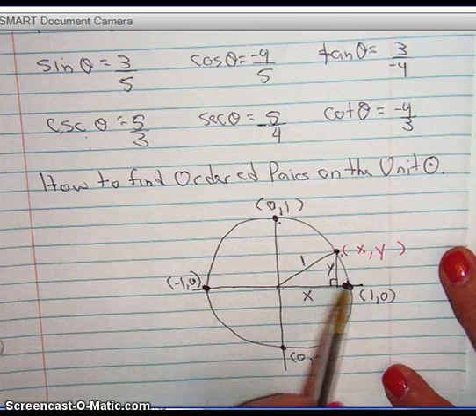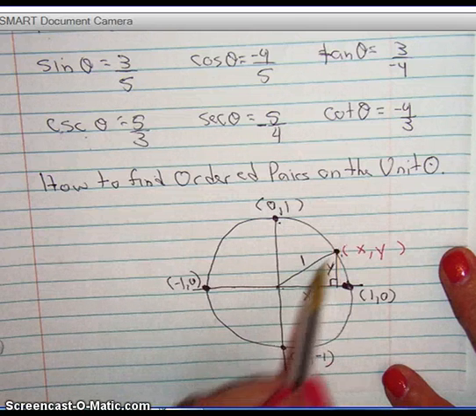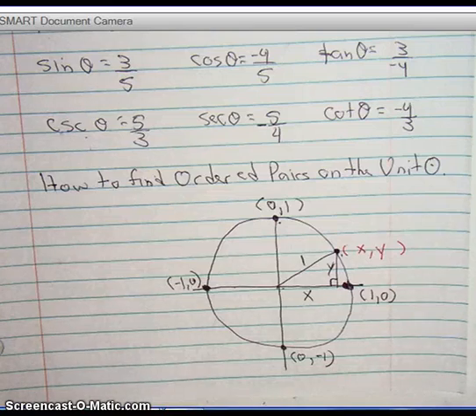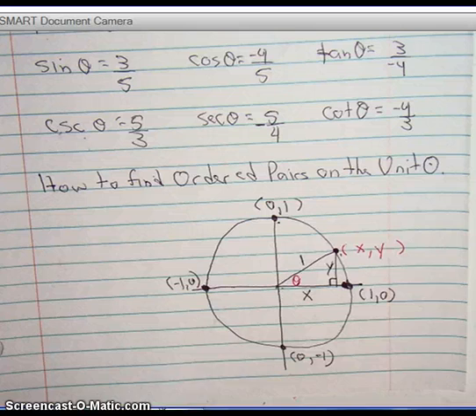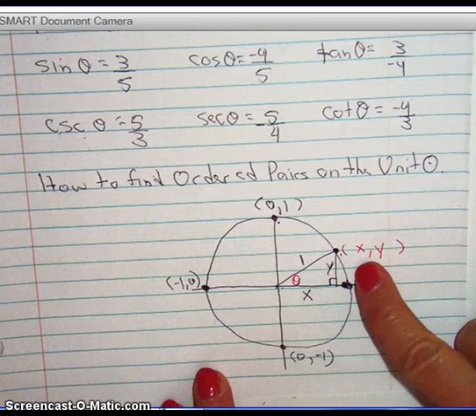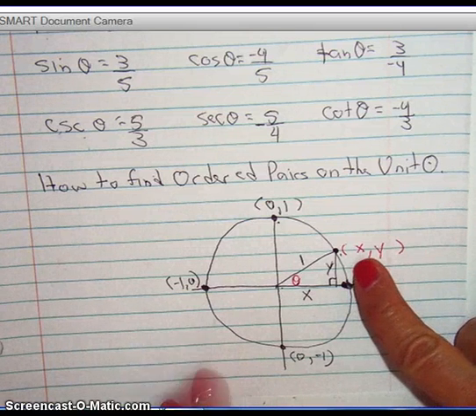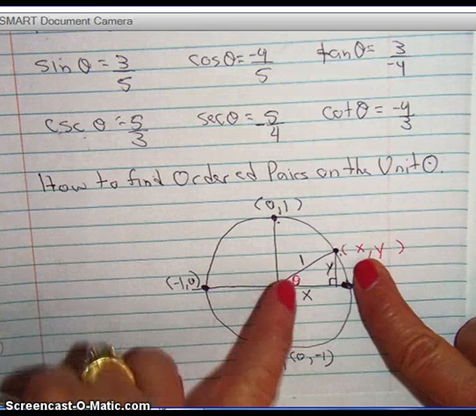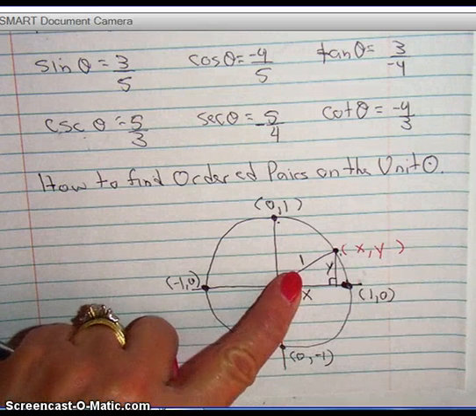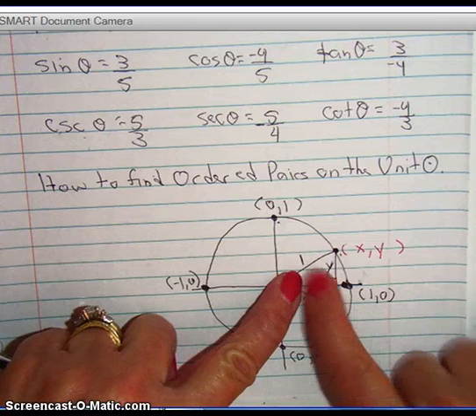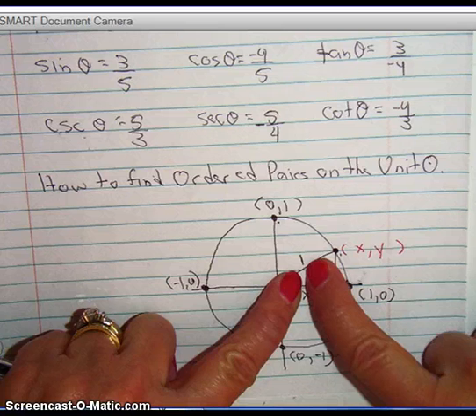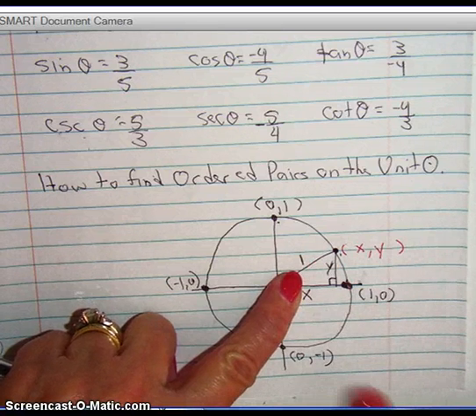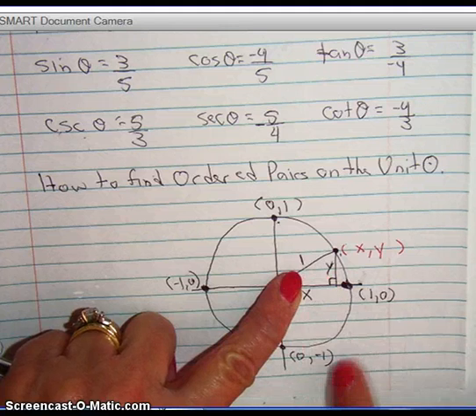Okay? All right. Think of this angle right here as an angle in standard position. So let's call it theta. If I want to find x, and I put my finger on theta, I'm looking for adjacent from my finger. I know what, gang? Hypotenuse. So which trig function is adjacent and hypotenuse?